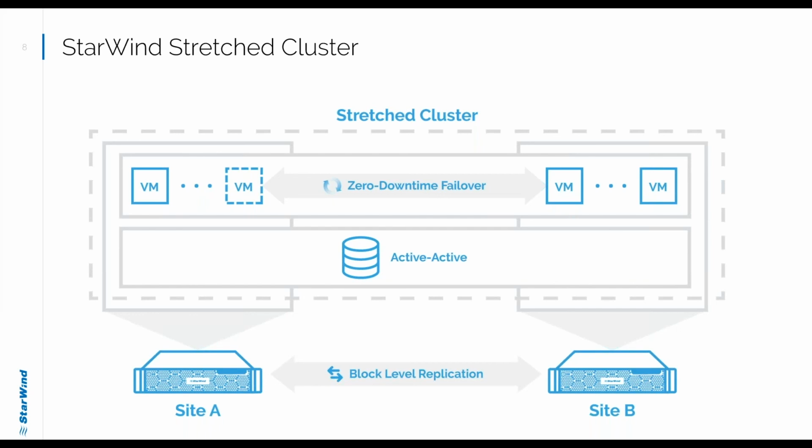And one more question, does the witness instance need a Starwind license? No, it does not need a separate Starwind license. But again, this is something that you can always confirm with our sales team, because I'm more on the technical side.